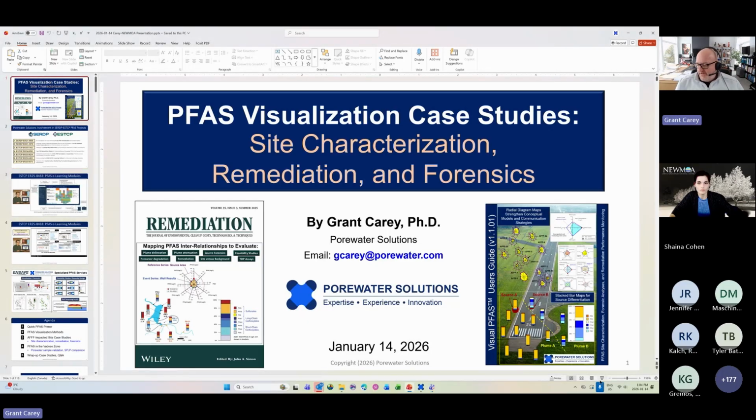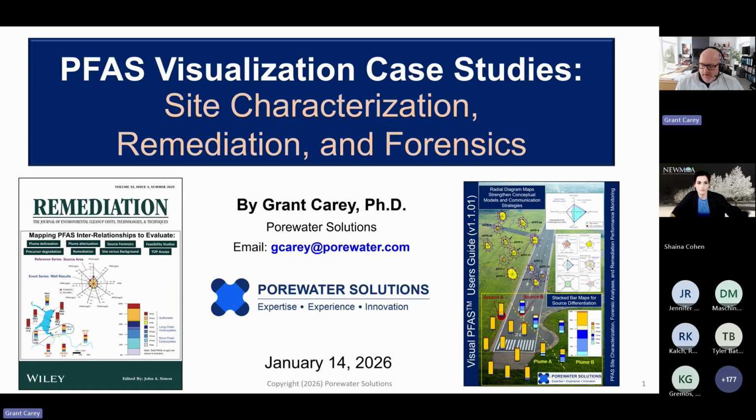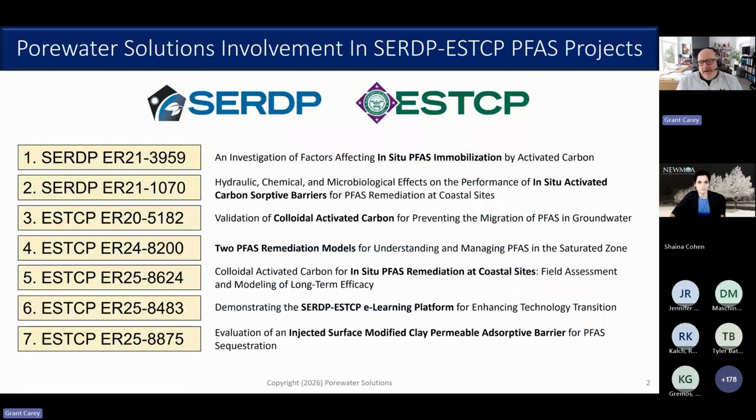So let me put this in display mode here. As Shana mentioned, I've been involved in a number of SERDP and ESTCP projects for the U.S. Department of Defense, and most of the work has really been related to remediation of PFAS with in situ sorption barriers. But the one thing we've found over the last few years is that with all the PFAS data we're collecting at these field sites, we've got upgradient wells, in-barrier wells, downgradient wells.